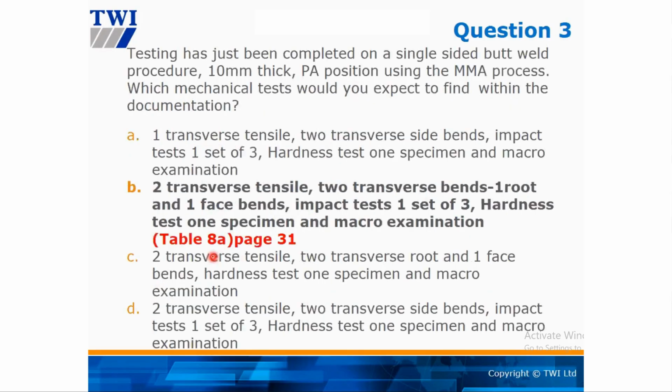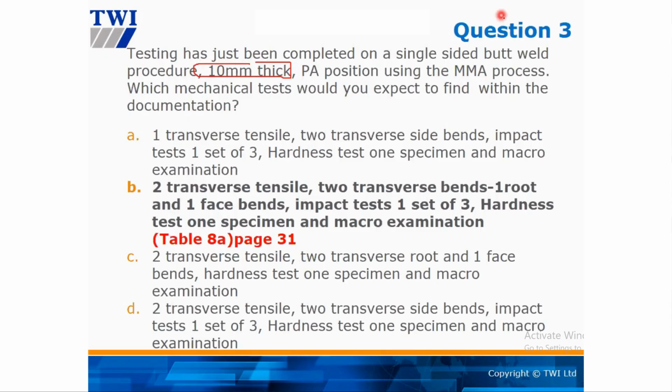Number 3, in order to answer number 3, testing has just been completed on a single-sided butt, 10 mm thickness, PA position using MMA. Which mechanical tests would you expect to find within the documentation?